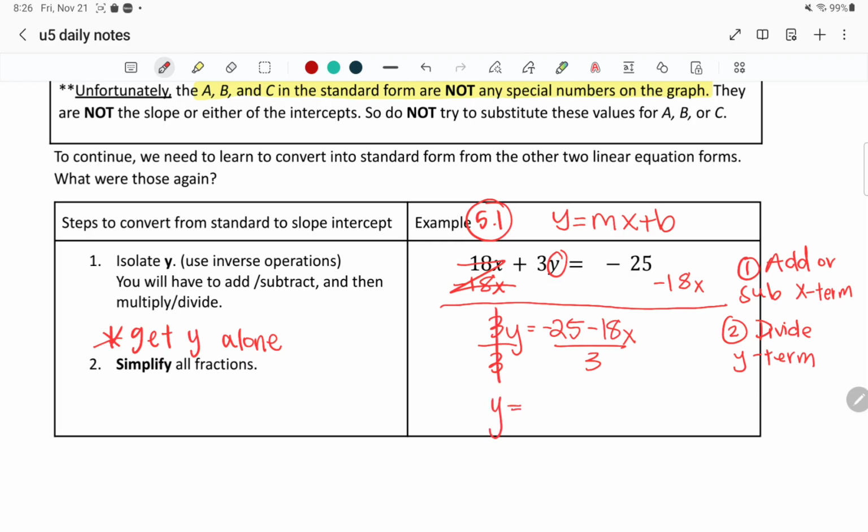If I divide, negative 25 over 3, sorry, that becomes a fraction, which is just negative 25 over 3. And then negative 18x over 3 is negative 6x. And that's what I put in the Delta Math.